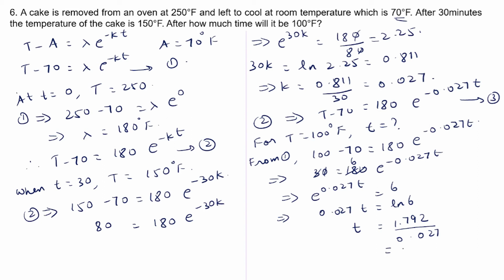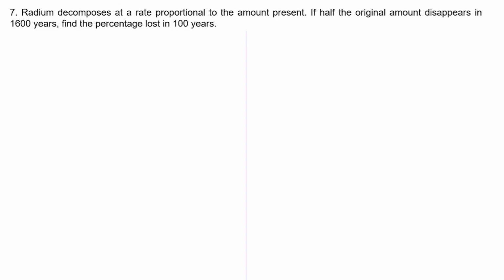When we simplify, we get it as 66.37 minutes. Or 66.37 minutes is approximately equal to 6 hours 6 minutes. So after 6 hours 6 minutes, the temperature of the cake will be 100 degree Fahrenheit.